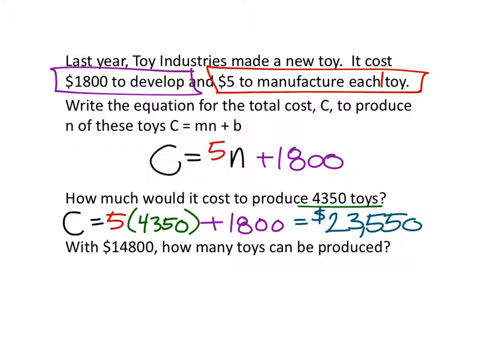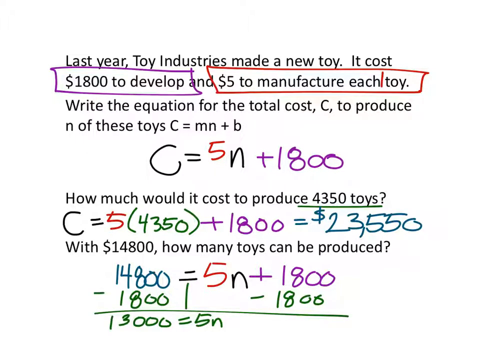And the next part. So let's look at the equation again. And it says with 14,800 bucks, how many toys can be produced? So that would be the cost. So we're going to put into this thing, well, 14,800. And from this point, we just need to solve for n. So I would start by subtracting 1,800 from both sides. 13,000 equals 5n.